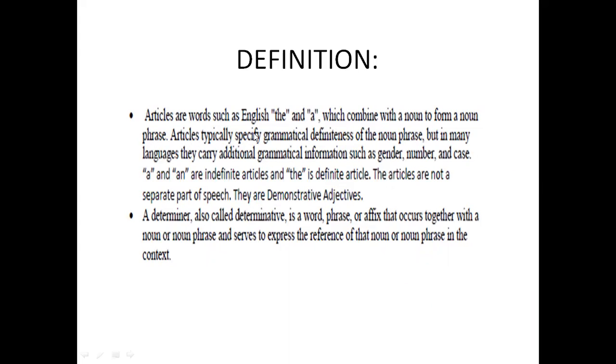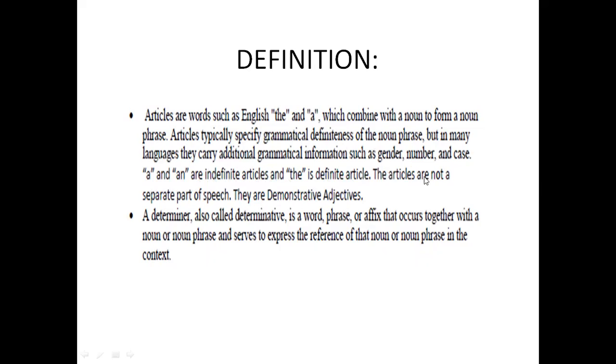Articles typically specify grammatical definiteness of the noun phrase, but in many languages they carry additional grammatical information such as gender, number, and case. A and an are indefinite articles, and the is the definite article.